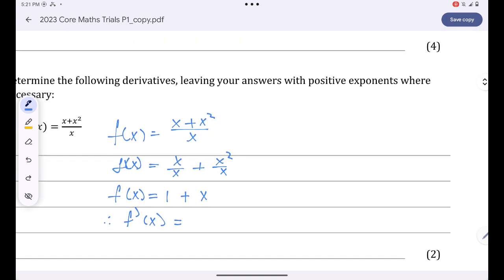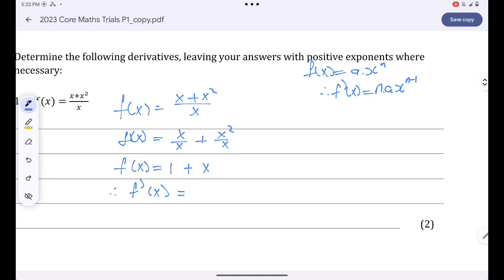Okay, remember that, guys, for us to find the derivative, there is an equation we use that simply says if f of x is equal to a times x to the power n, therefore the derivative is just equal to n multiplied by a times x to the power n minus 1. The derivative of a constant, guys, is always equal to 0, and the derivative of x will simply be equal to 1.